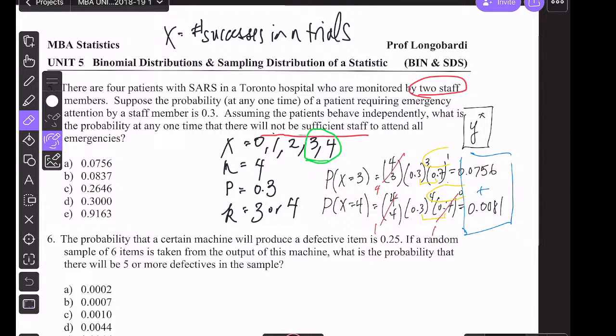Did I do something wrong? No, I didn't. 0.0756 plus 0.0081 is the answer.